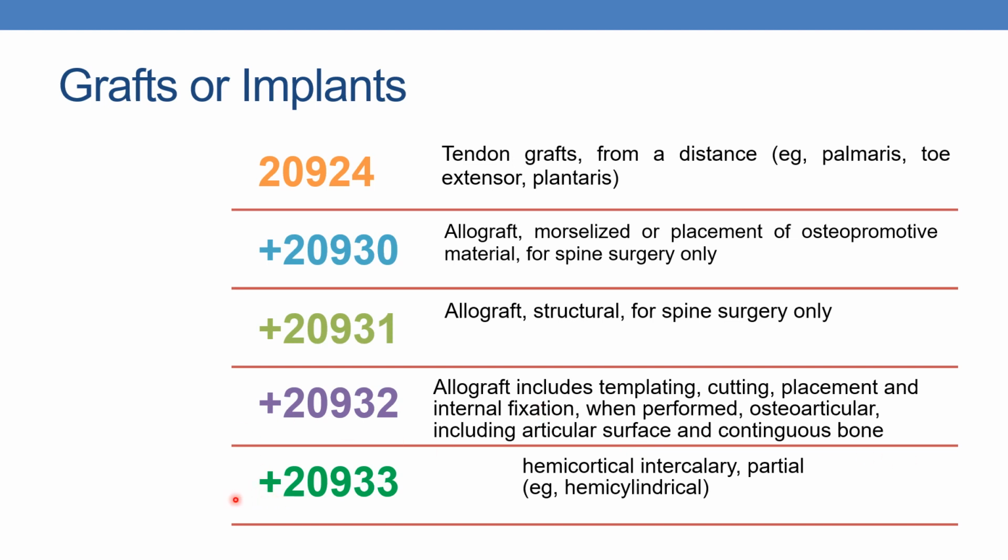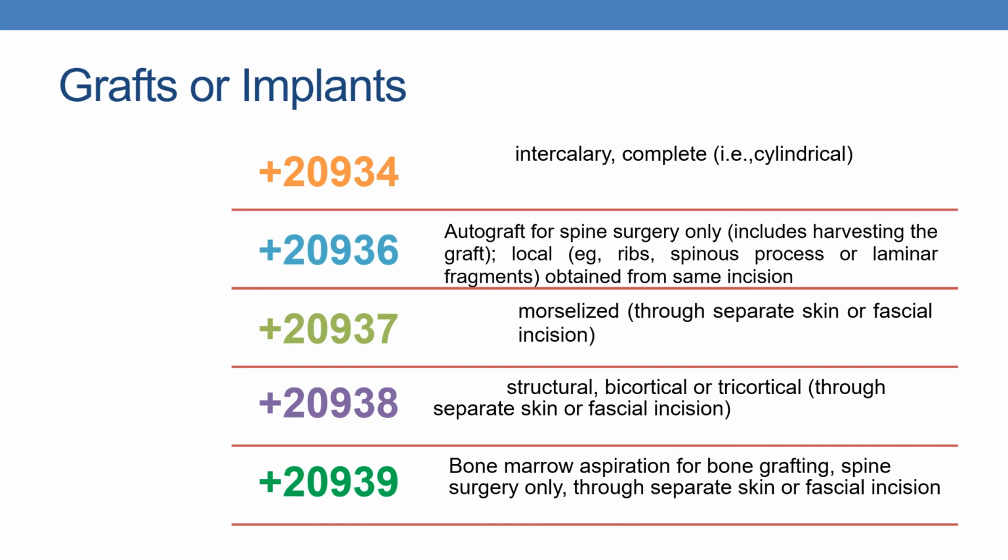Next is also an add-on code, plus 20933, allograft, hemicortical intercalary, partial, for example hemicylindrical. The next CPT is plus 20934, allograft, intercalary, complete.